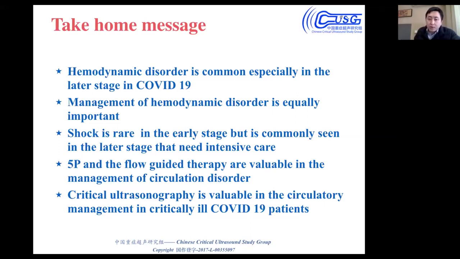Shock is rare in the early stage, but is commonly seen in the later stage that needs intensive care. And the 5P theory and the flow-guided therapy are valuable in the management of circulation disorder. And critical care ultrasound is valuable in the circulation management of critically ill COVID-19 patients.